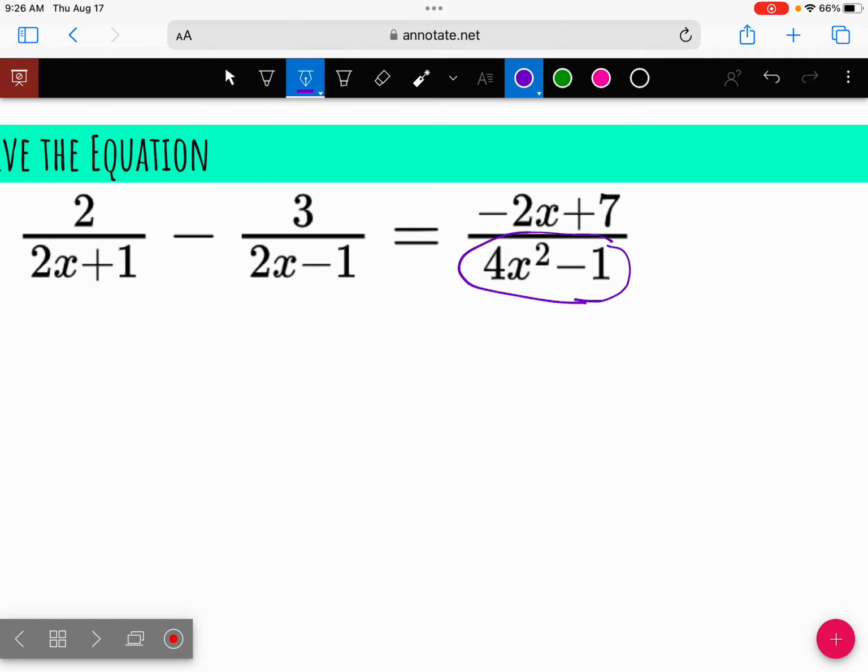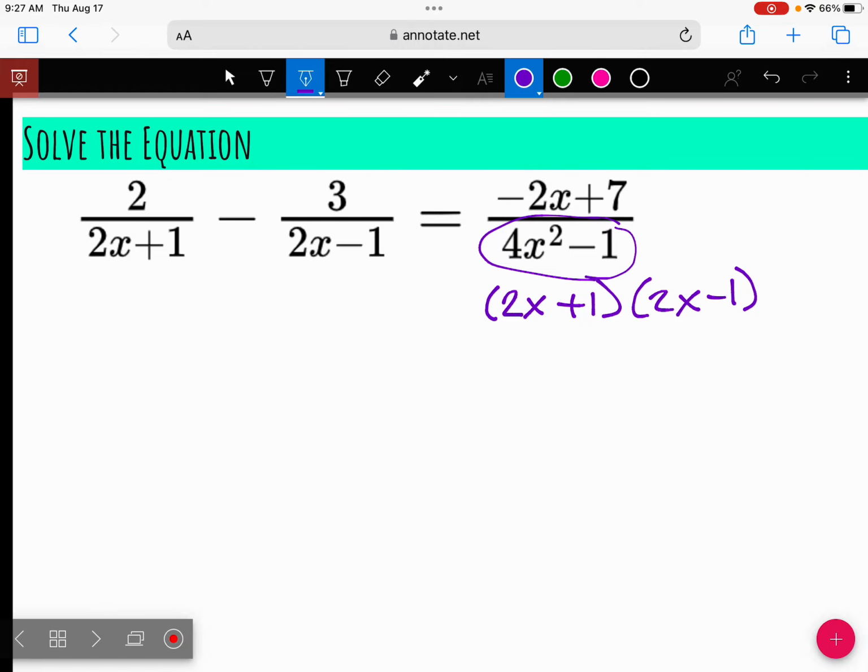So when we look at this 4x squared minus 1, how can I write that in factored form? Yep, it's the difference of perfect squares. This is 2x plus 1 and 2x minus 1. Which are exactly the pieces we have on the other side as far as denominators go.